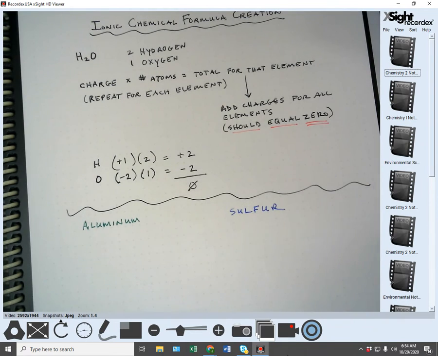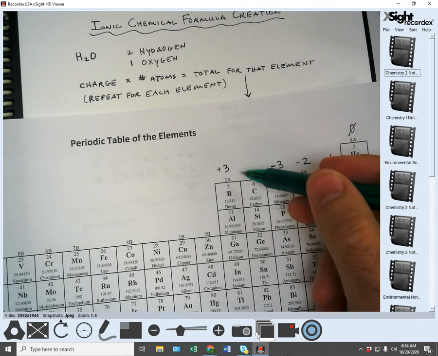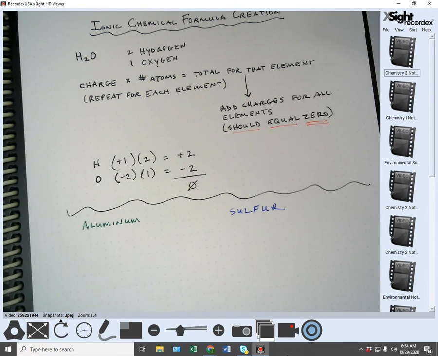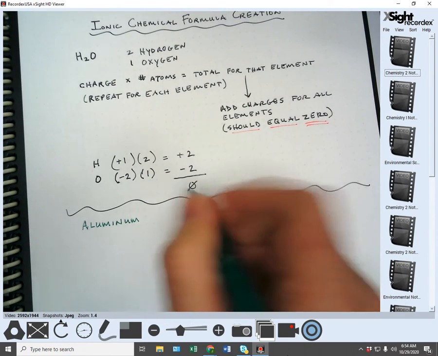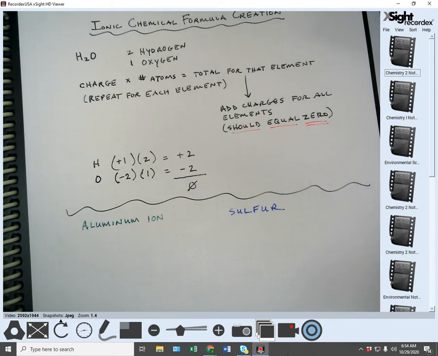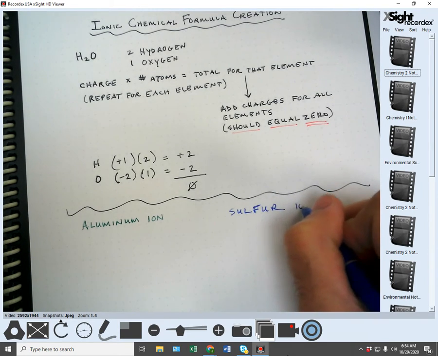Okay, so if we look aluminum up on our periodic table, aluminum is here. That means one aluminum ion will have a +3. So I guess I should put ion here. Aluminum ion and sulfur ion.